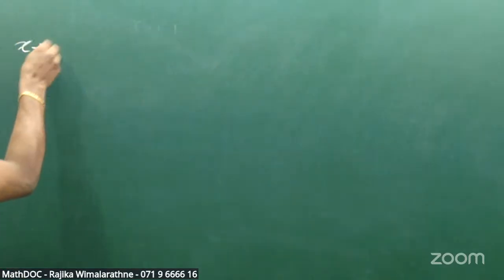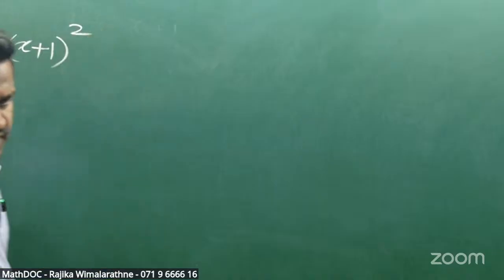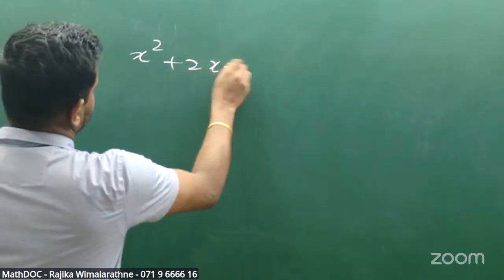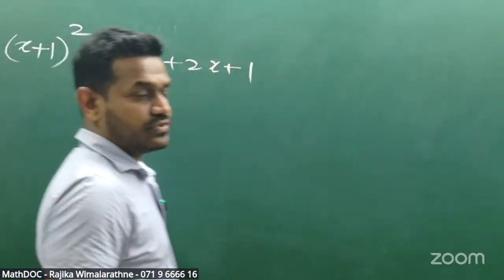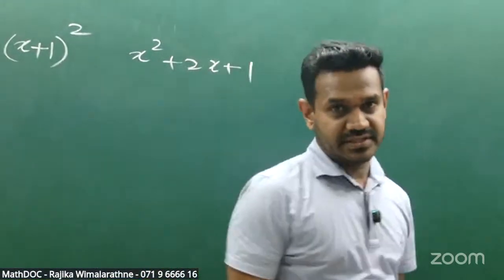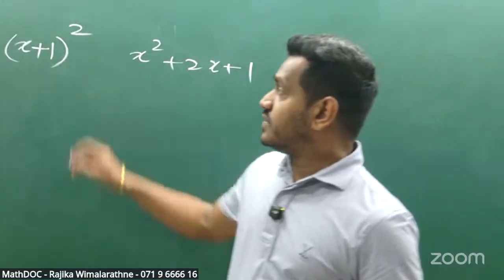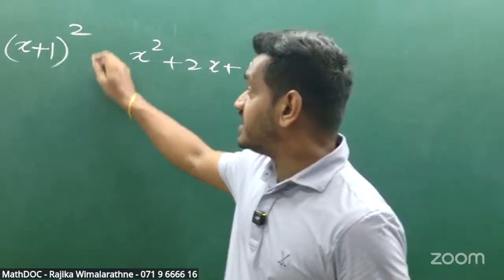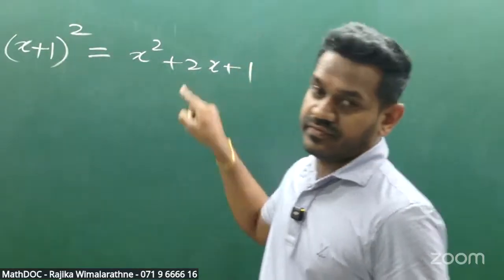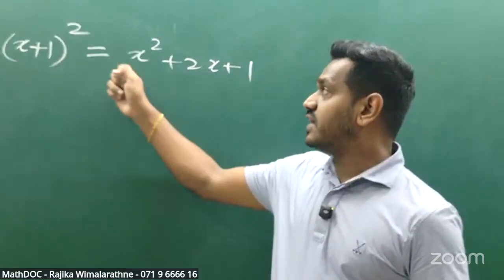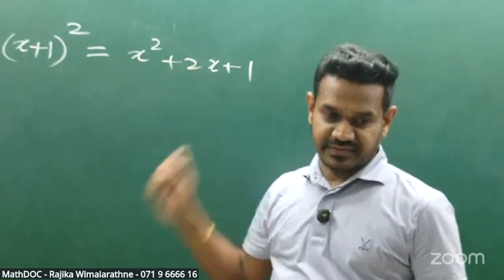Consider x plus 1 squared and x squared plus 2x plus 1. These are just polynomials, no? If we know mathematics, then we can say they are the same: x plus 1 squared equals x squared plus 2x plus 1.